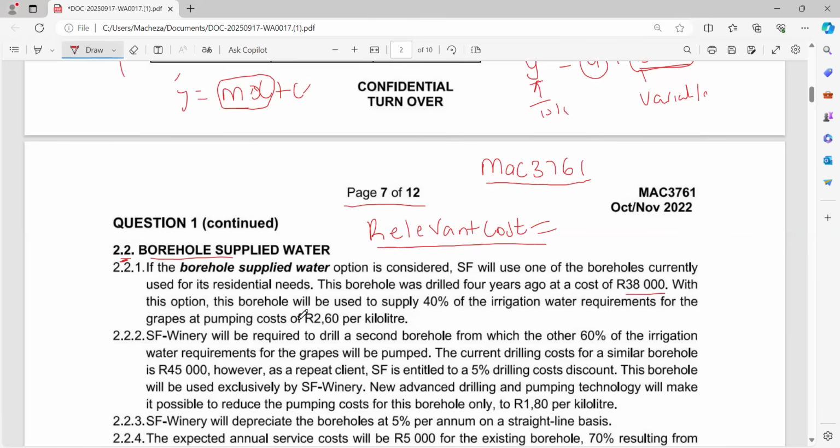With this option, this bore will be used to supply 40% of the irrigation water requirements for the grapes at a pumping cost of 2 rand 60 per kiloliter. What are we going to do with point one?